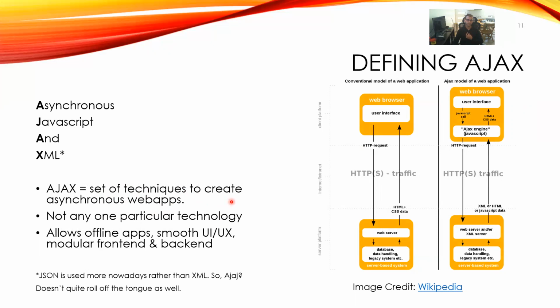Yeah. And the nice thing about AJAX, like I said before, is that it allows for, well, the smooth UI UX. It allows for a modular front end and back end, which is great. But even more, what it means is that we can also use offline apps, right? Because as the front end is changing, we're able to save the state locally and asynchronously push it to the server once we regain connectivity again.